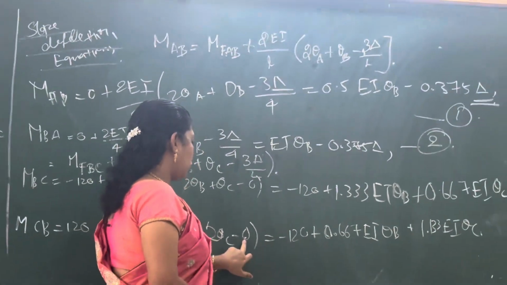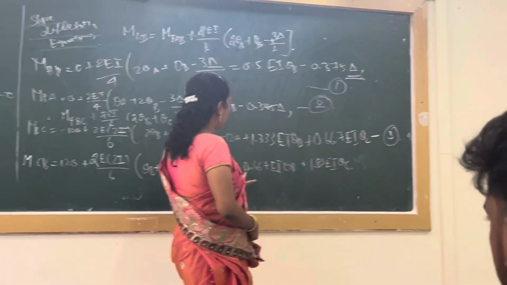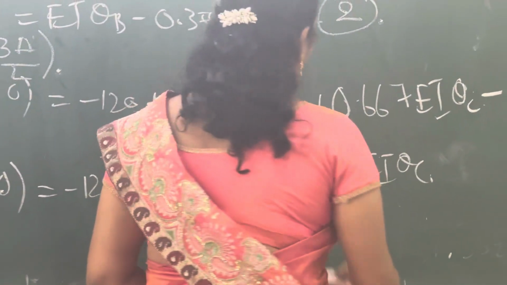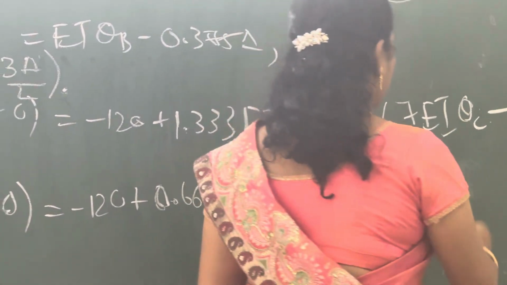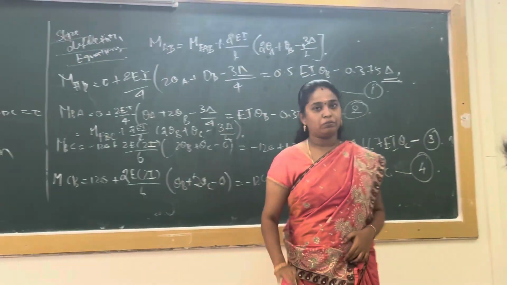So substituting, we get 120 plus 0.667 EI theta B plus 1.33 EI theta C. So take this as equation number 4.